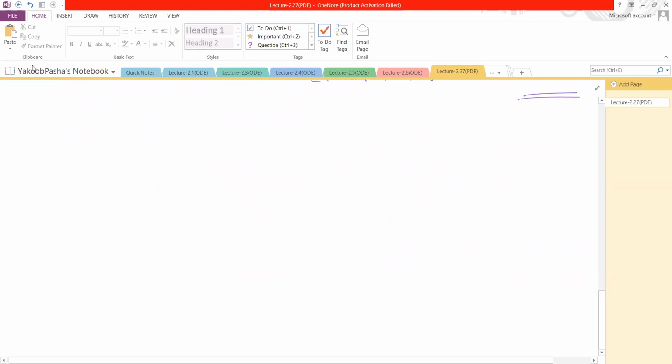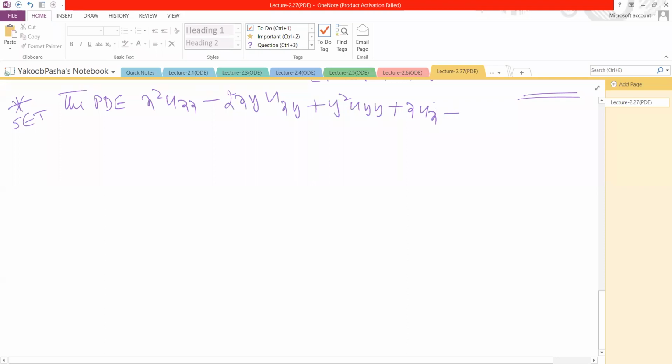Now I am taking another problem. Set the partial differential equation PDE: x square into uxx minus 2xy into uxy plus y square into uyy plus x into ux plus y into uy is equal to 0 is.